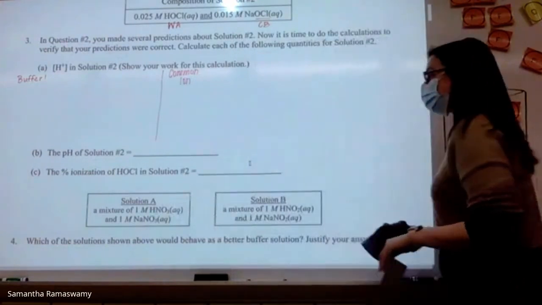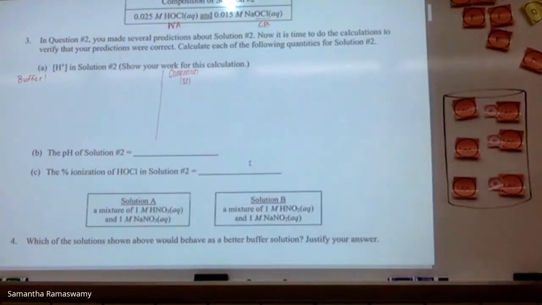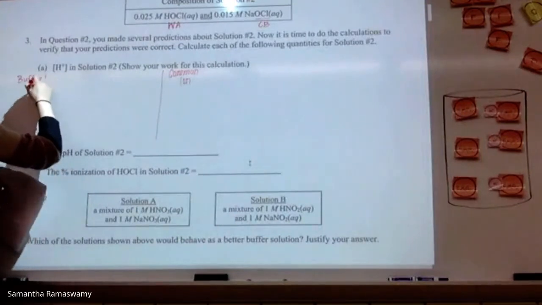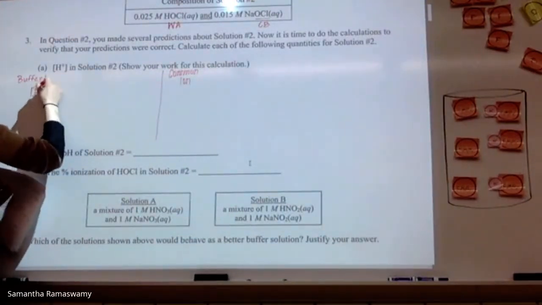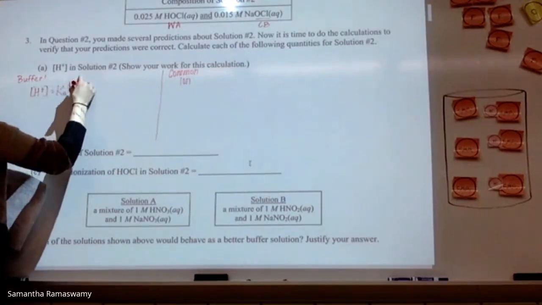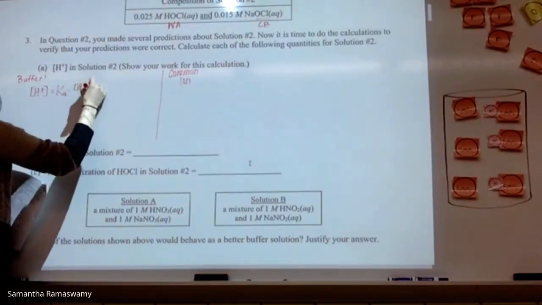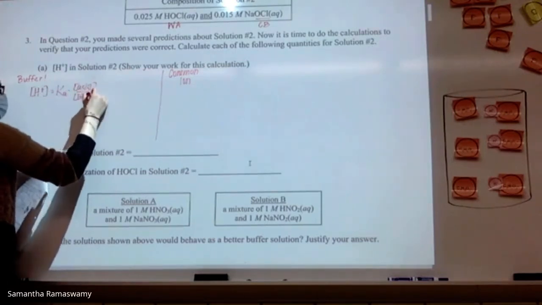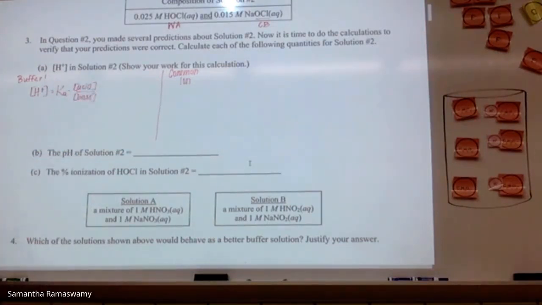Remember the buffer equation is H+ equals Ka times the acid concentration over the base concentration. You would just have to be able to pick which part of the buffer is which. We already labeled it at the top. So we can plug everything in and solve. We're solving for H+.